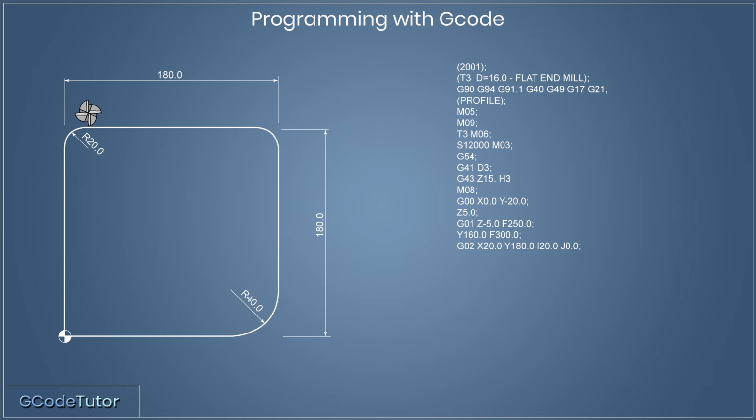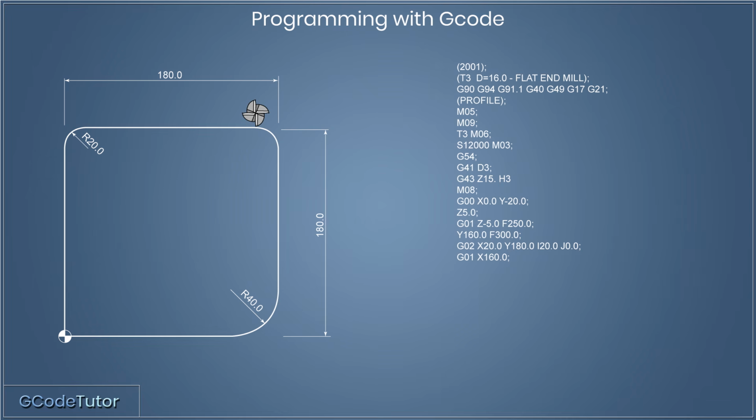So this line of code would move our cutter around a 20 millimeter radius with a center point 20 millimeters away along the x-axis and 0 along the y-axis, and we define our finishing point by using the X and Y coordinates. So our next movement command is a simple straight line move. For that we're going to use G01.